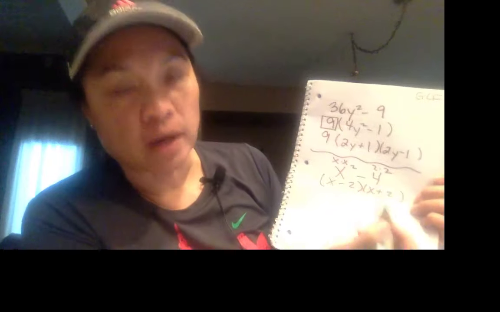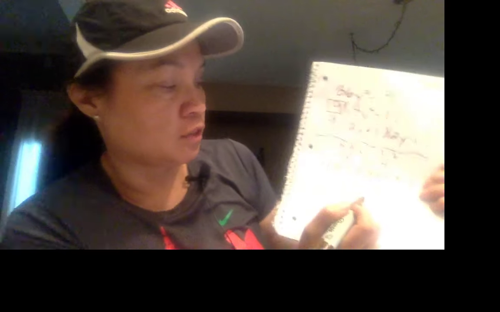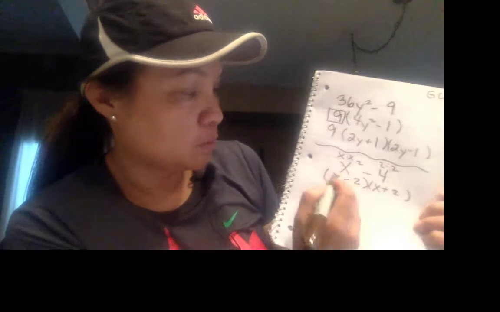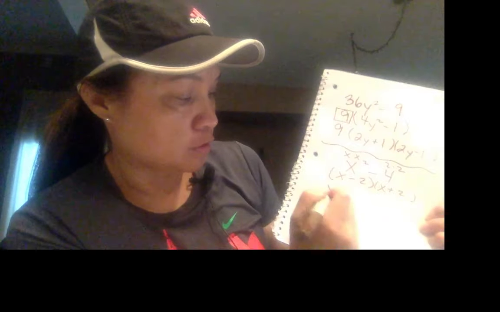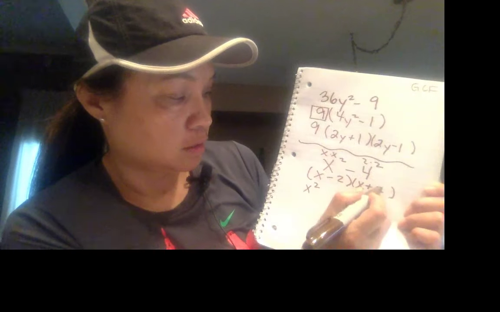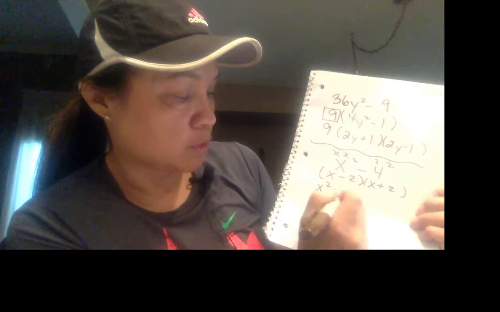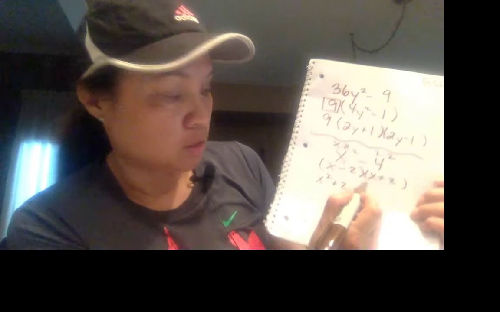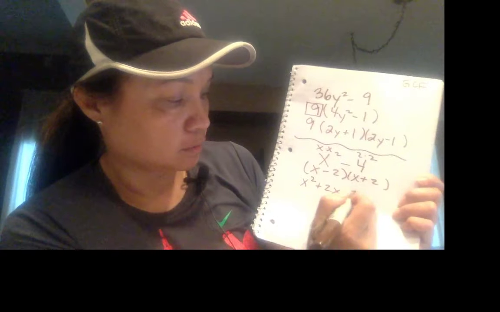So here is why. If you were taught a very traditional method called FOIL in Algebra 1, you would do the first, x squared. You would do the outside, x times 2, which is 2x. You would do the inside, which is negative 2 times x.